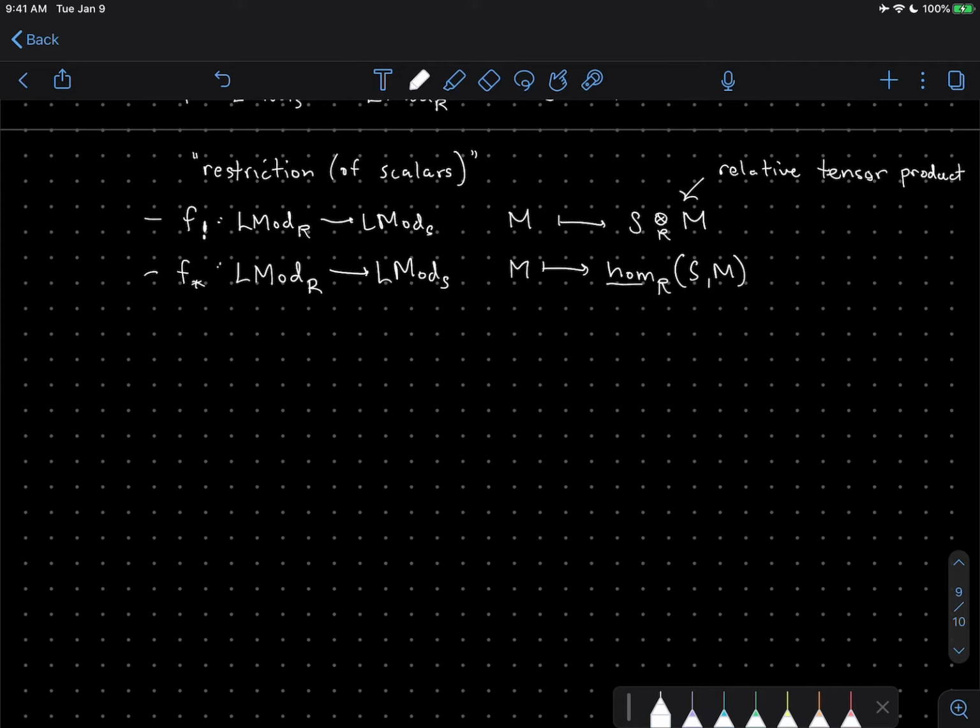And for that, I'm going to write an underline here. So hom underline of R means considered as an R module.